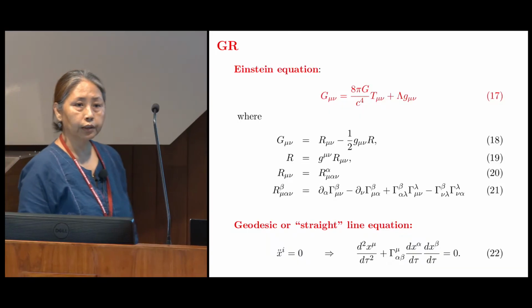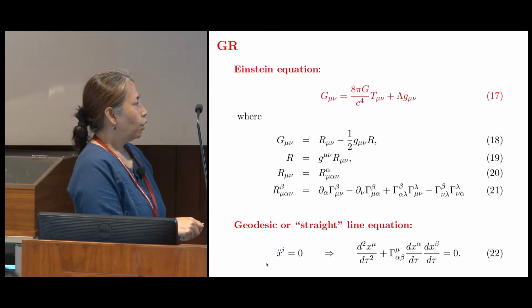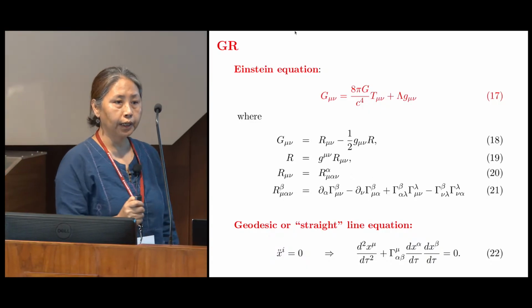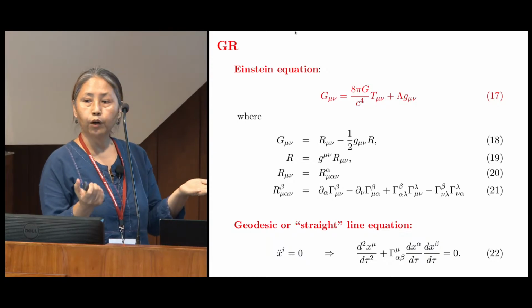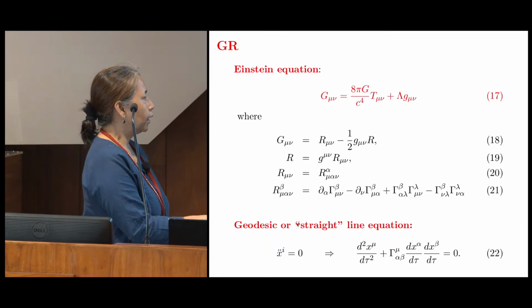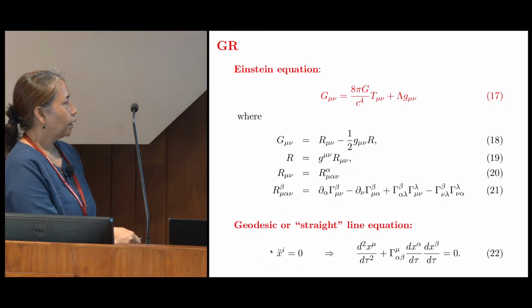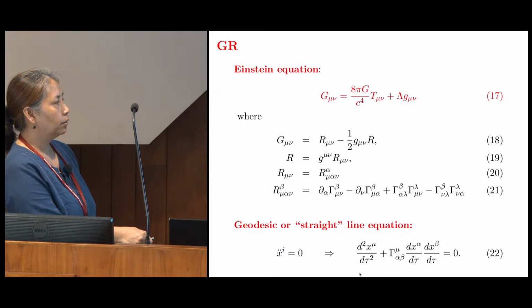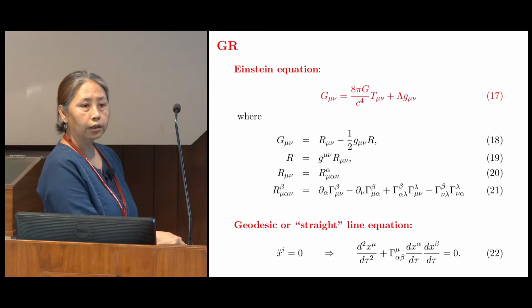Then another equation which is important is the geodesic equation. On flat space, a free particle moves in a trajectory which we call a straight line. The components of the coordinates are given by this, and that gets changed in curved space to this. So this is the equation for a straight line.